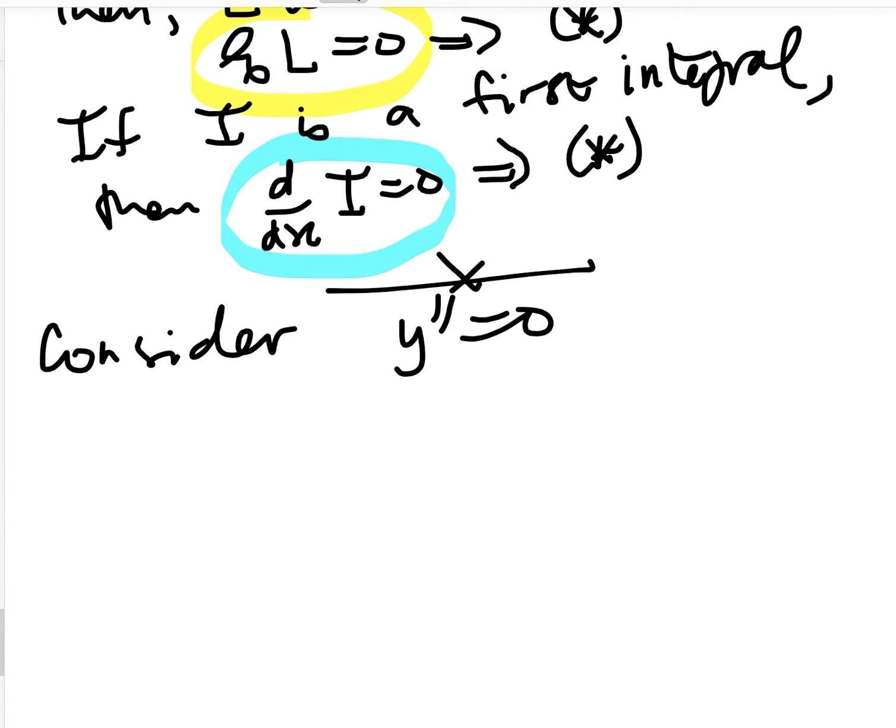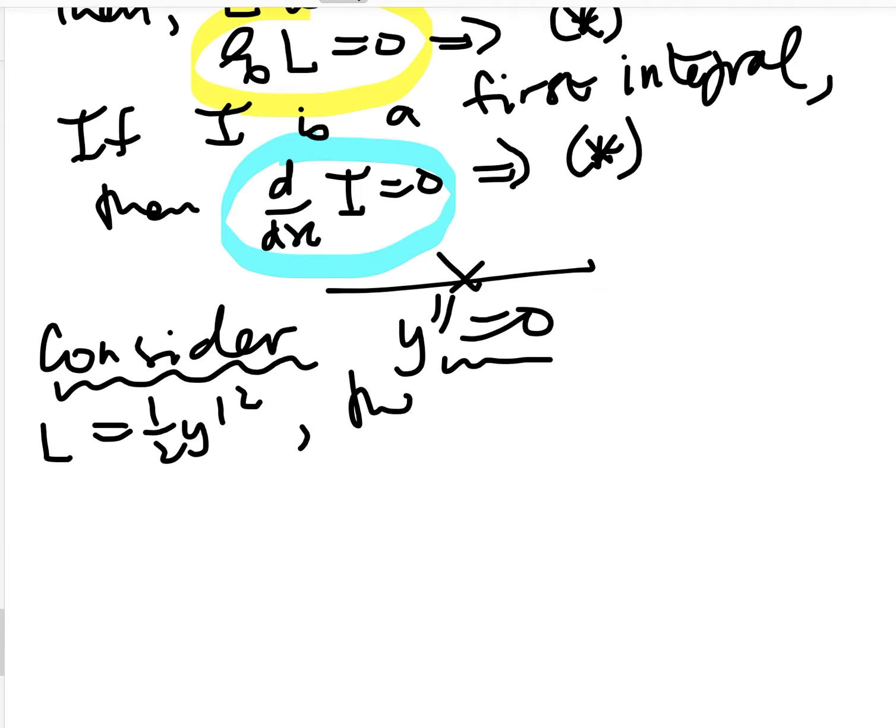You may recall where we showed that if L is equal to a half y dash squared, then E of L equal to 0 implies y double dashed equal to 0.